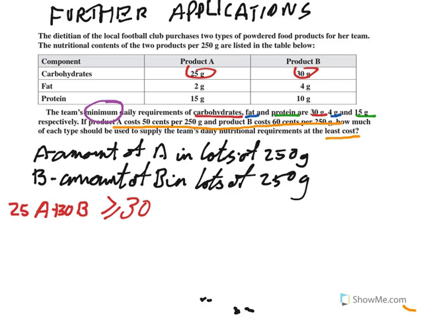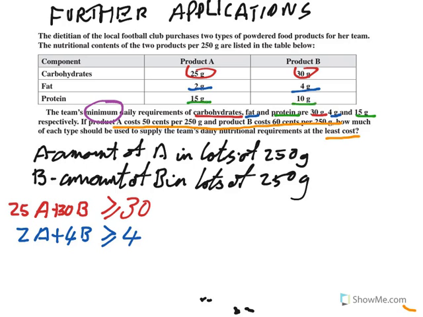Alright, the fat one. For product A, for each lot of 250 grams you get 2 grams of fat, and for product B, for each 250 grams you get 4 grams, and the minimum amount that you need in the day is 4 grams.